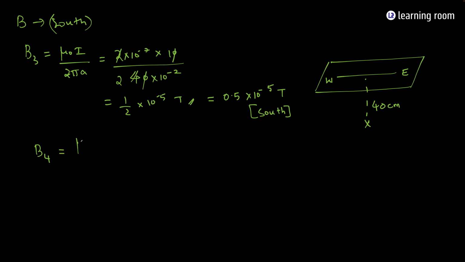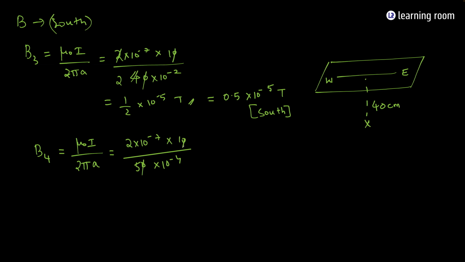Similarly, at the topmost point, what is going to happen? B4 is going to be equal to mu naught I divided by 2 pi A. So that is going to be 2 into 10 power minus 7 into 10, the whole divided by what is A? 50 centimeter upward. So it is going to be 50 into 10 power minus 2.